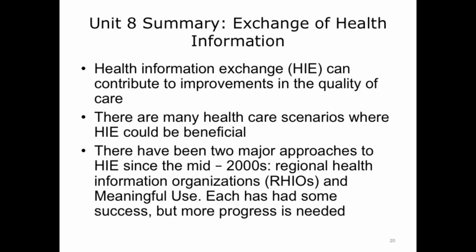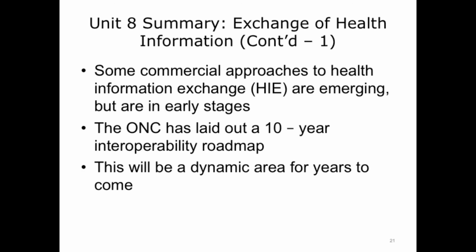Each has had some success, but more progress is needed. Some commercial approaches to health information exchange are emerging, but they are in early stages. The ONC has laid out a 10-year interoperability roadmap. This will be a dynamic area for years to come.